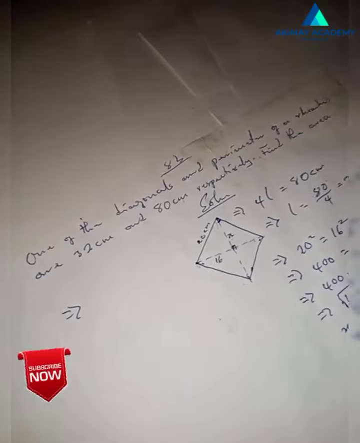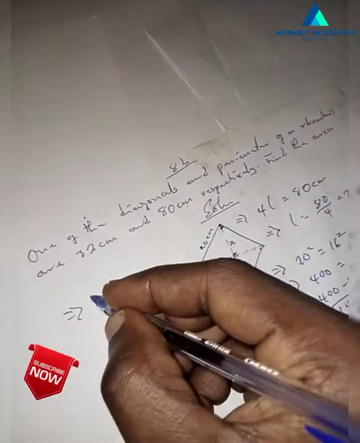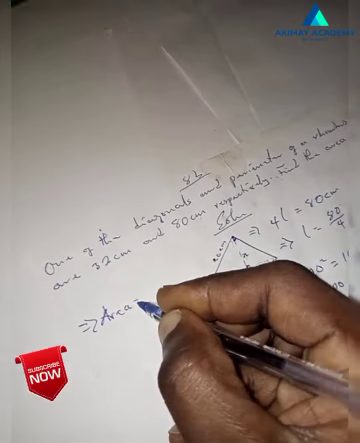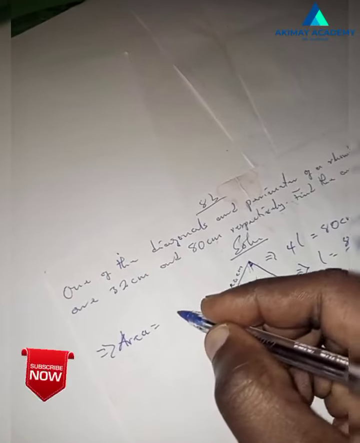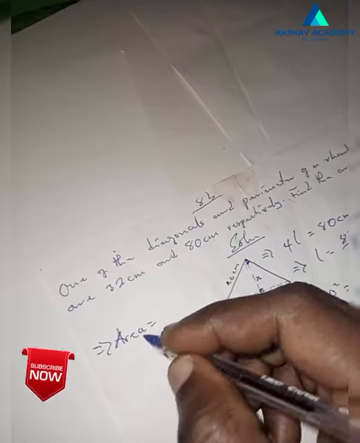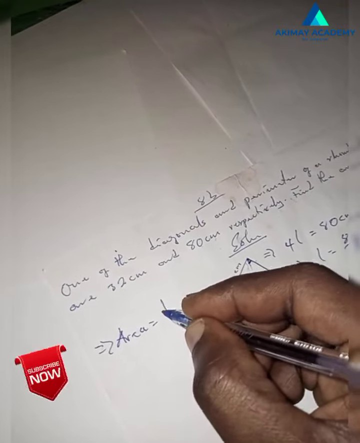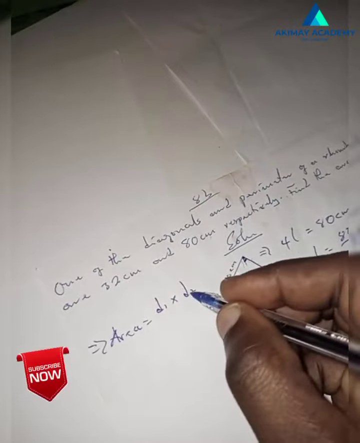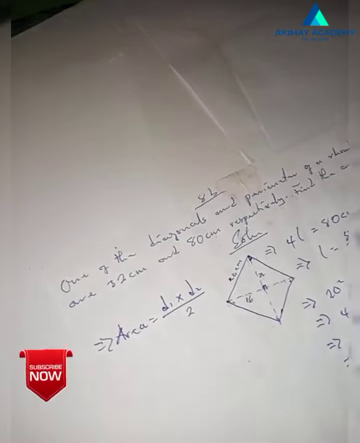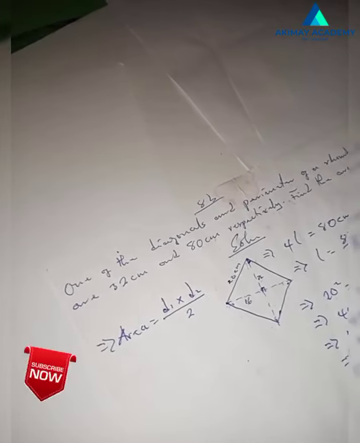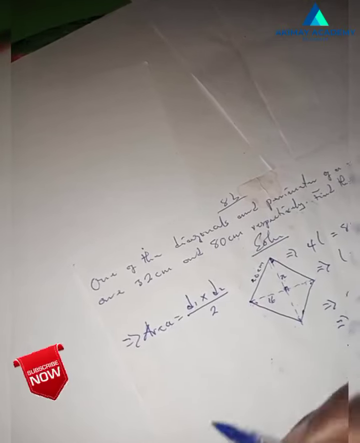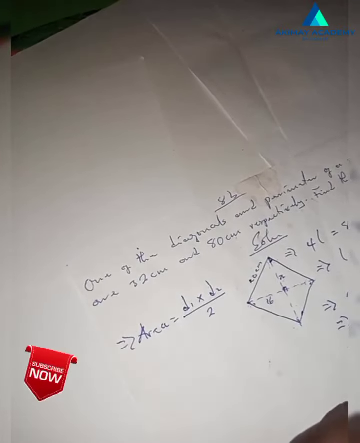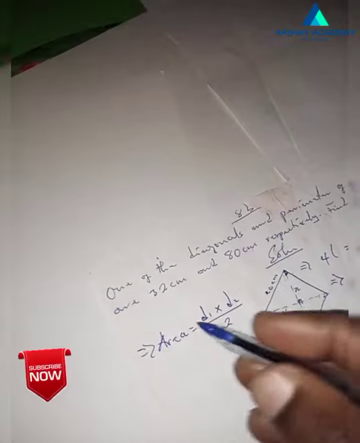So in that case, we can bring our formula here. We have area of a rhombus equals diagonal 1 times diagonal 2 over 2.